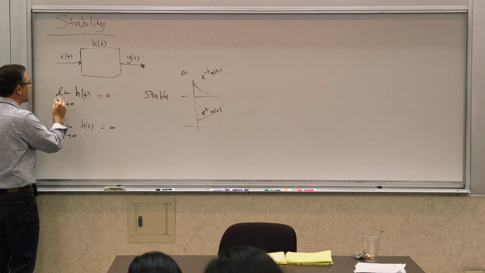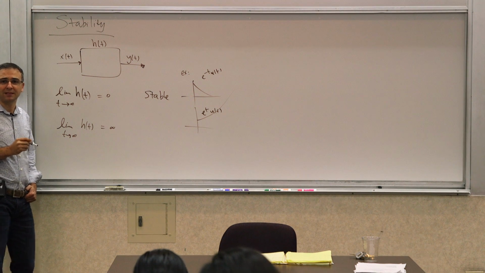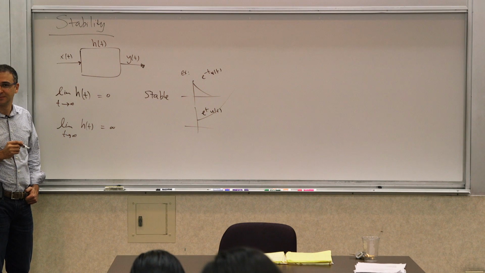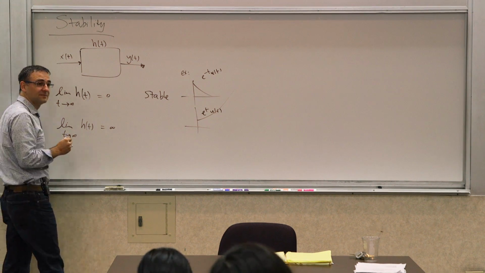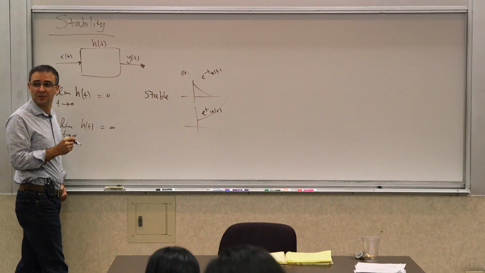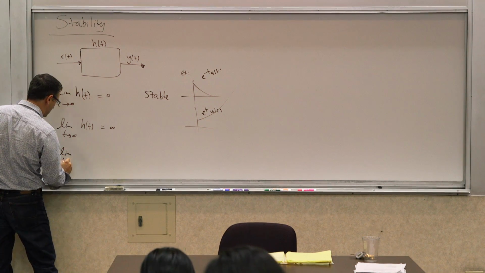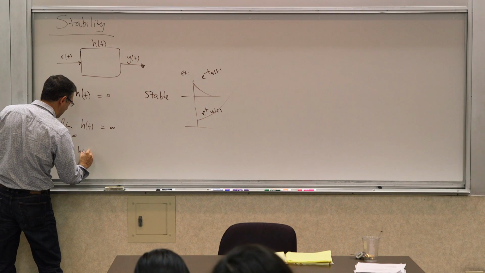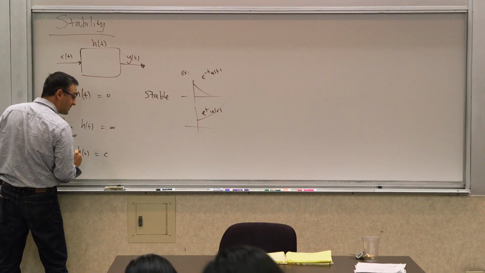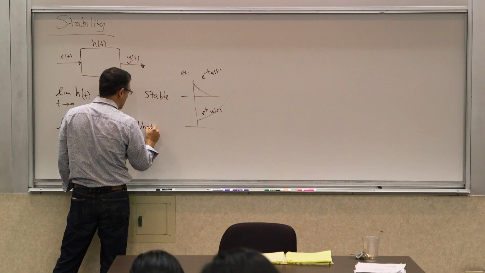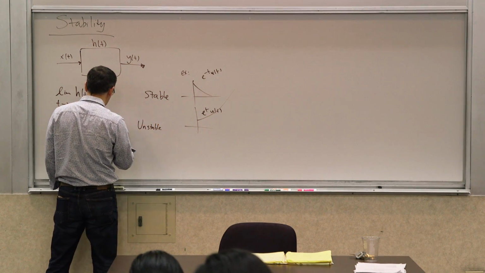Now, these are obviously not the only two possibilities, right? There's a third possibility, which is what? Say again? It's constant, right? So some non-zero quantity. If the limit of h of t when t goes to infinity is some constant, then, by the way, the second one was unstable when it goes to infinity.